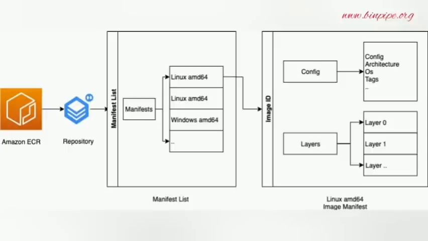But there is a catch here. The Docker images, when they are created using, say, a build tool like Jenkins, the Jenkins server is not a Graviton based instance. So the primary architecture is, say, x86.